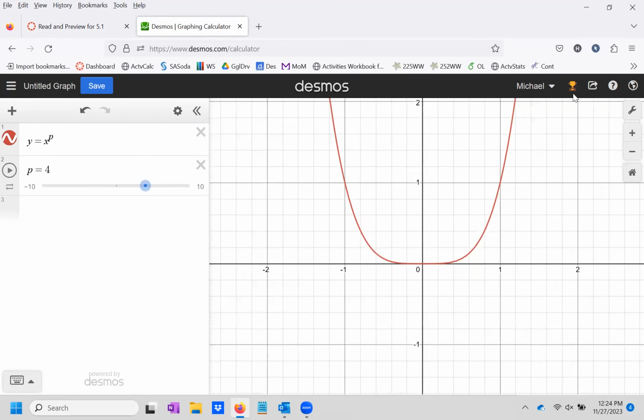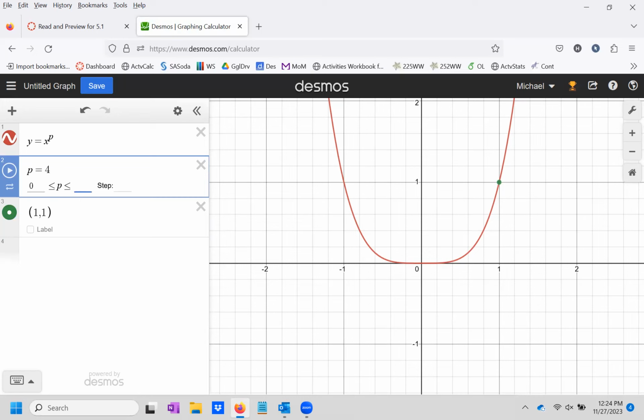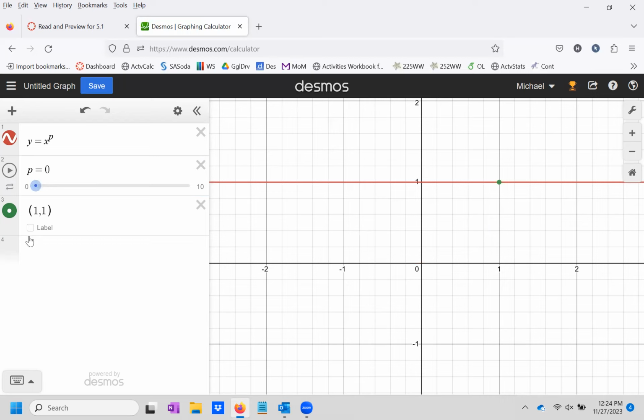And there's an important point we want to look at, which is as the power increases, look at the behavior between 0 and 1. So if I have x to the 0 power, that's just a horizontal line, right? Everybody look what happens as p increases on the interval from 0 to 1.